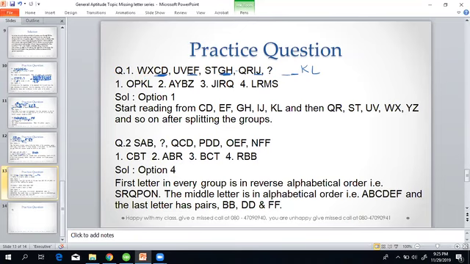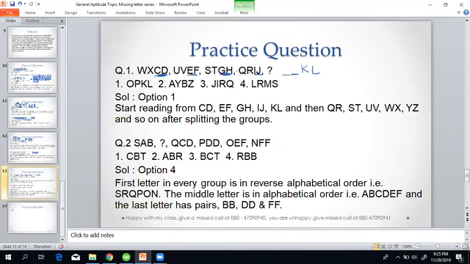Let's check the other one also. In the other, they are following the pattern Q R, S T, U V, W X from the right hand side.